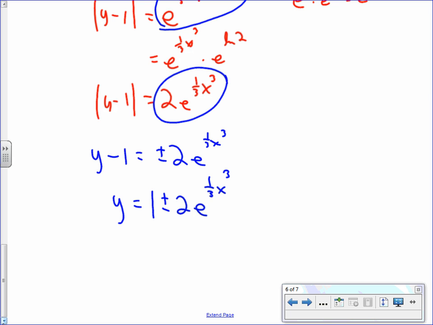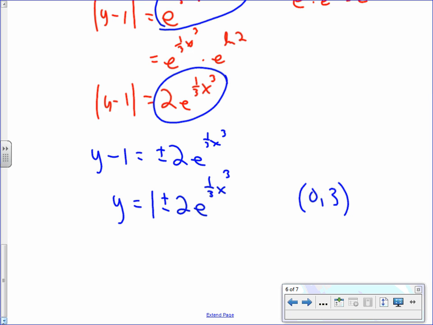Now, there's one last little tricky thing here, and that is that when you put plus or minus in, you no longer have a function. So you have to decide, is it plus or is it minus? Which one of them is it? That answer is pretty much based on the fact that they gave you a point. And what point did they give you in this problem? In the first quadrant, 0, 3.